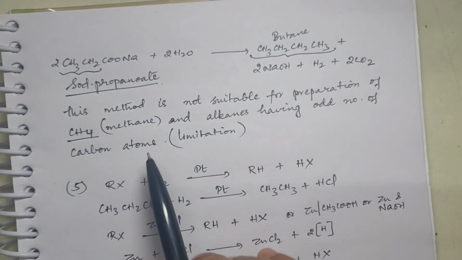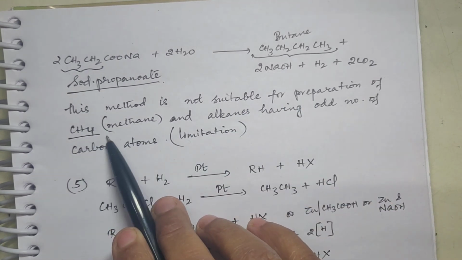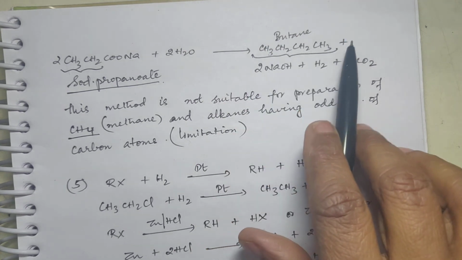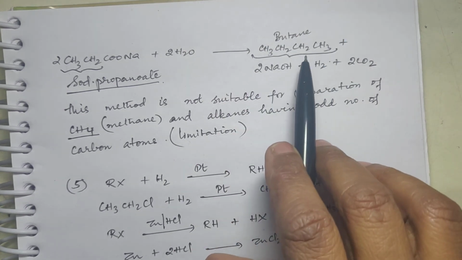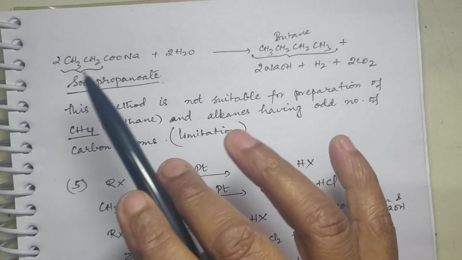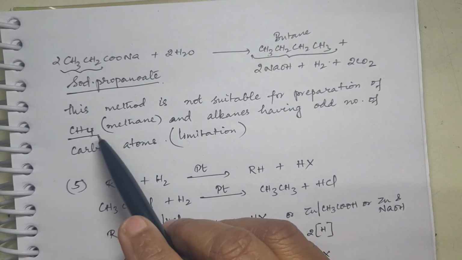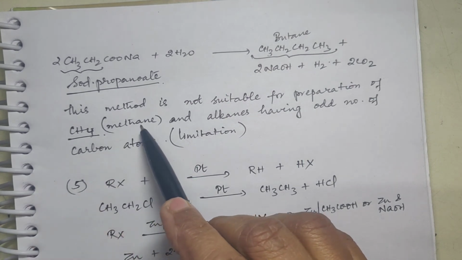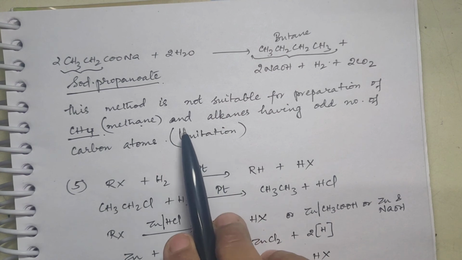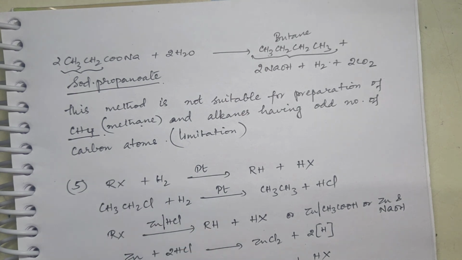Now what you have to remember, this method is not suitable for preparation of methane because you are getting an alkane having double the number of carbon atoms from the starting material; the alkyl group present will get doubled. Methane has only a single carbon, so you cannot prepare methane by Kolb's electrolysis. And also alkanes having an odd number of carbon atoms. You cannot prepare propane, you cannot prepare pentane. Why?